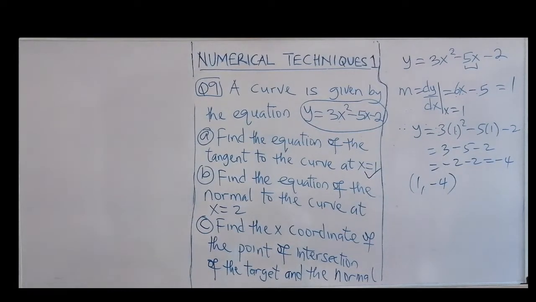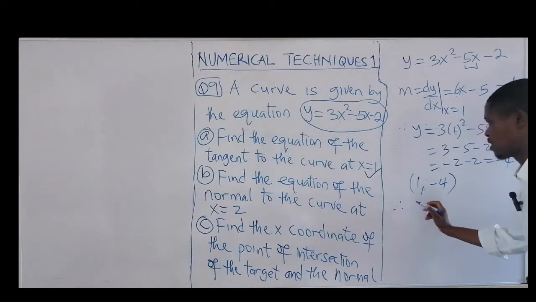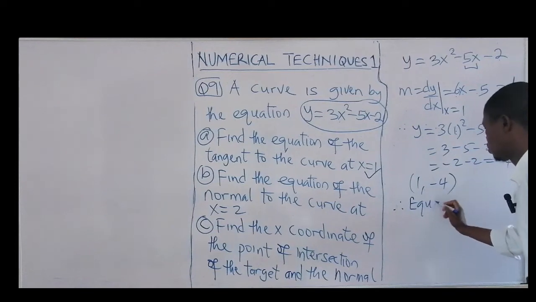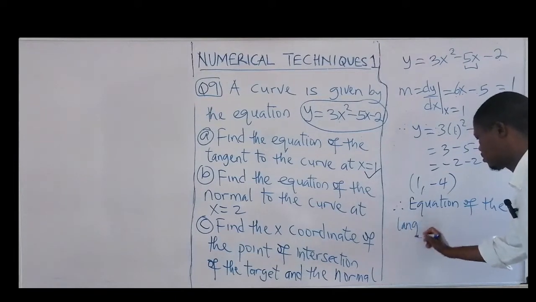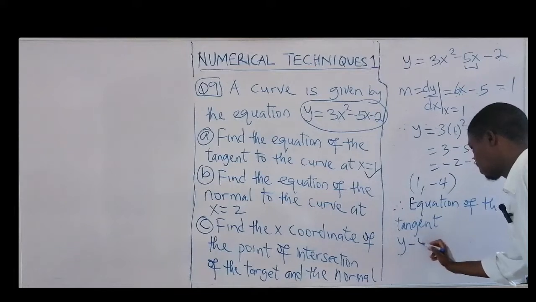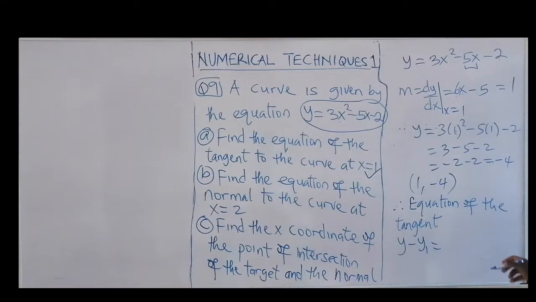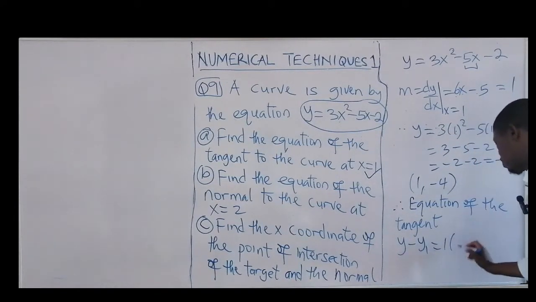So then we can now get the equation of the tangent. The equation of the tangent will be y minus y1 equal to the slope, the slope is 1, into bracket x minus x1.